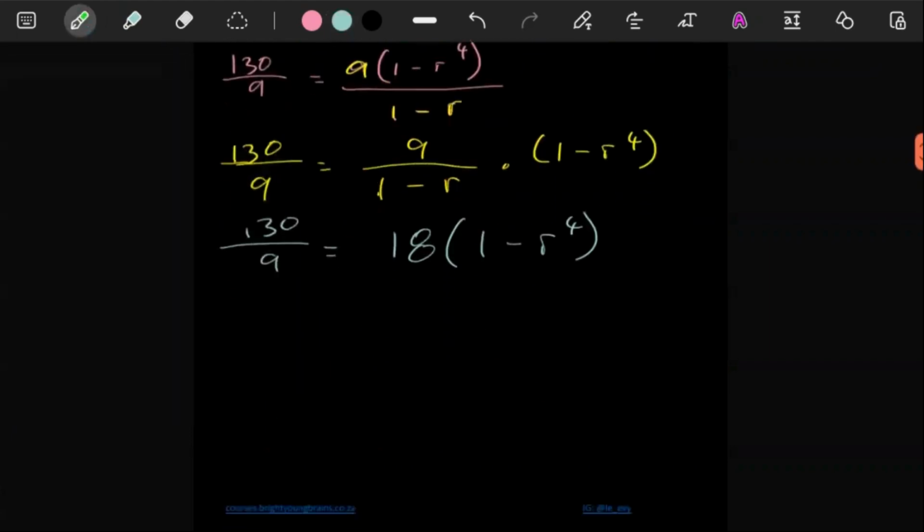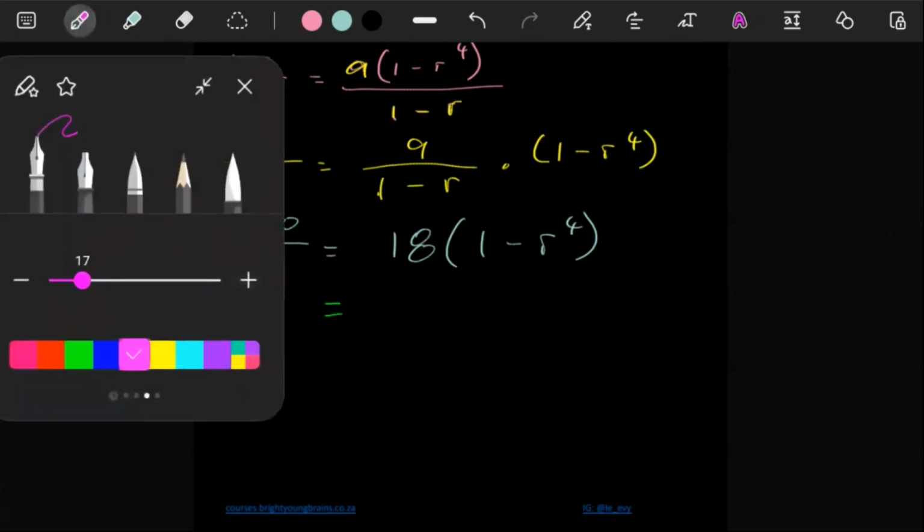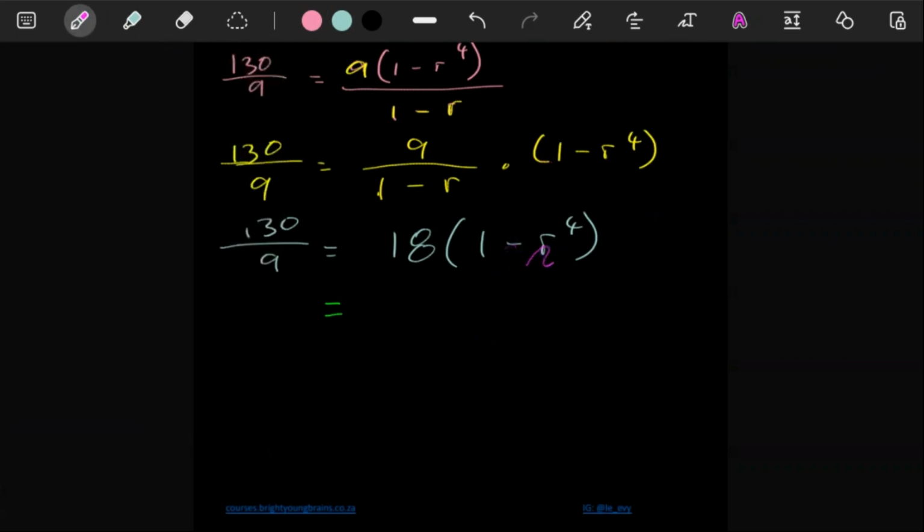Now, if you're going to solve for r here, let's see what you're going to do. Solving for r, you can just divide by 18 first, because I was about to do something dumb. So 130 over 9 divided by 18 is going to be 65 over 81.